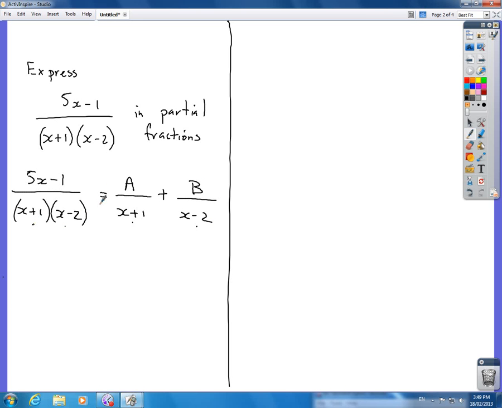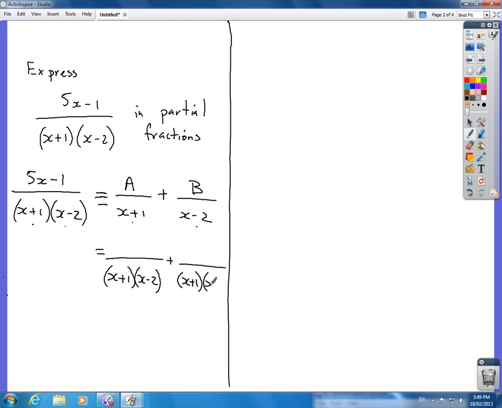So we're going to use this triple equals. We want those two things to be exactly the same, not just the same as, but exactly the same. How do I make that exactly the same? Just like adding or subtracting any other fractions, I'm going to have a common denominator.